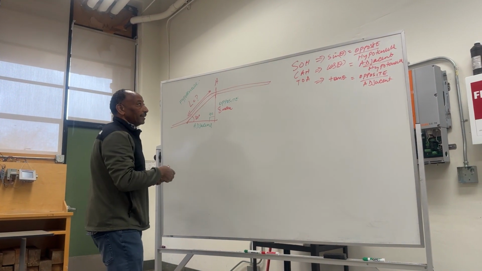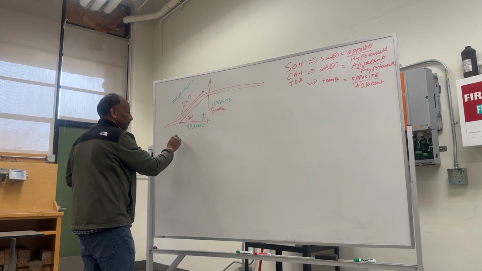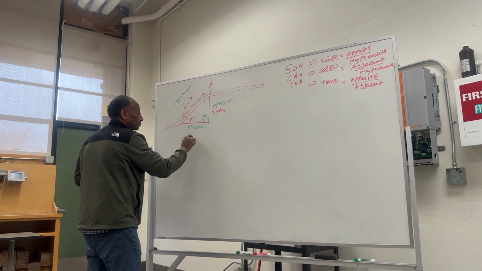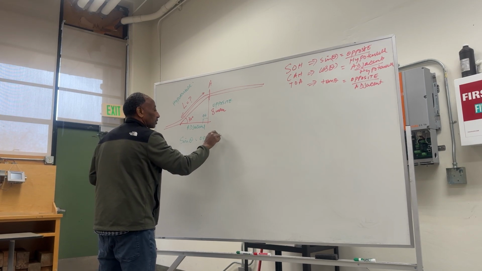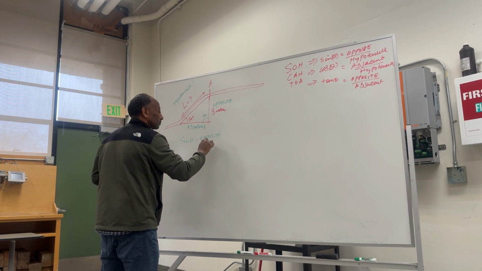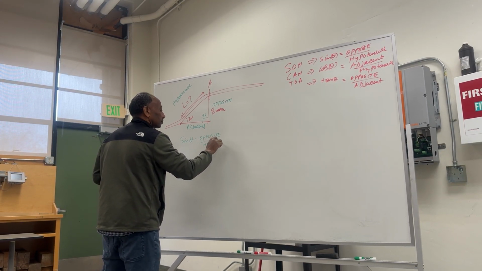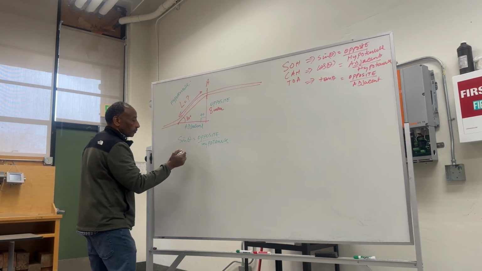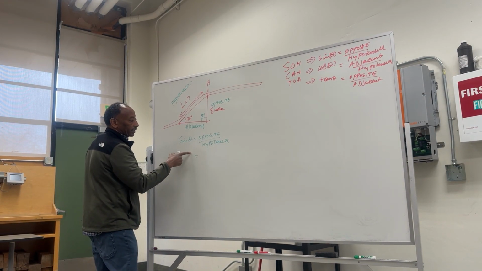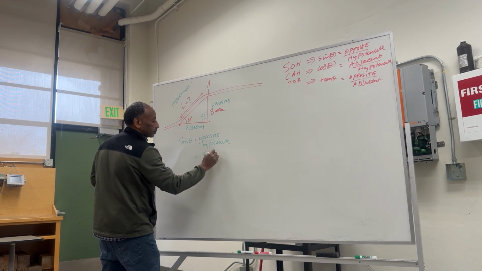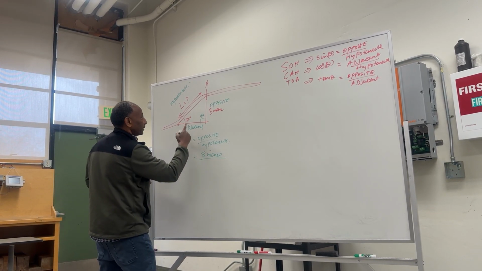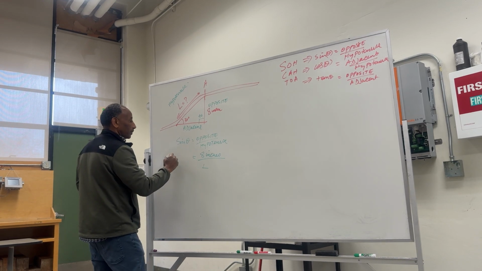So if we follow that, sine theta is equal to opposite over hypotenuse. So basically, that's going to be 8 inches divided by that length, L, which will be equal to sine 30.